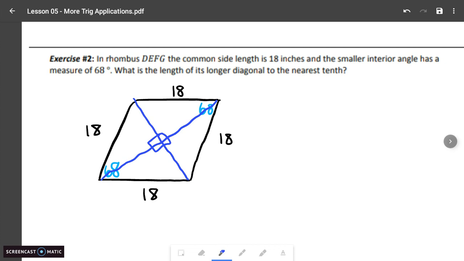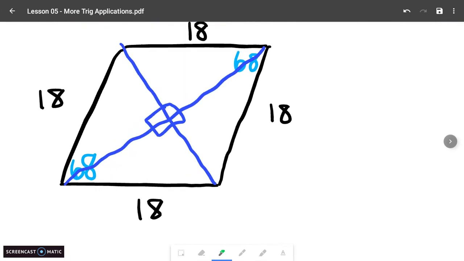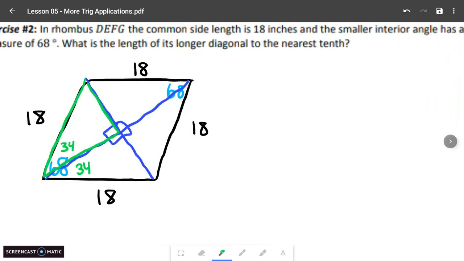Now, in this case, we also have to remember an important quality about the diagonals. They bisect the angles. So we know both of these angles are 34 because it cuts that 68 in half. Now that is strictly a rhombus property, but then we could take one of the right triangles, and I'm going to draw it over here on the side.